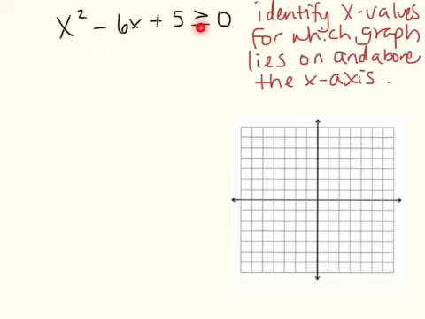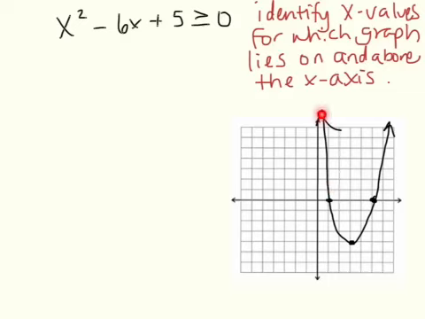And we already know from before where the vertex is, at 3, -4. We already found that our roots were at 1 and 5, so I'm just going to go from there. And so there's my parabola. So in this case, we want to know where it's greater than or equal to the x-axis, or on or above the x-axis, right?